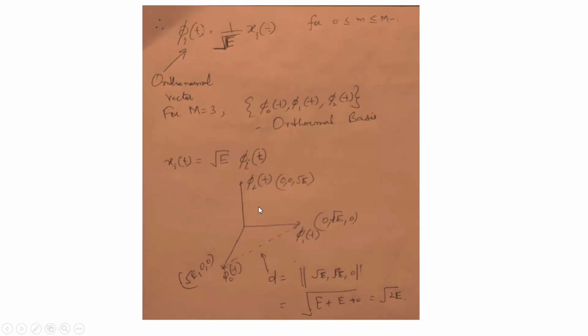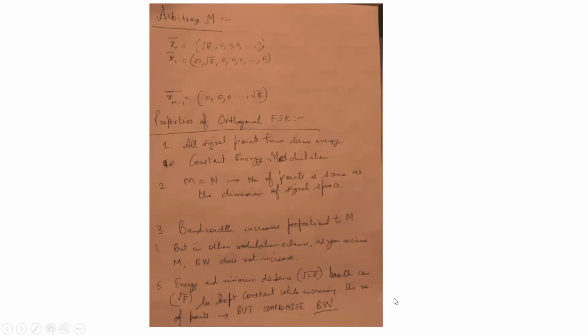These are the basis functions, and the distance between two points will be under root 2E. Now for any arbitrary point, the coordinates of the signal points will be: x_0 is under root E, 0, and x_1 is 0, under root E, and all zeros for the rest.